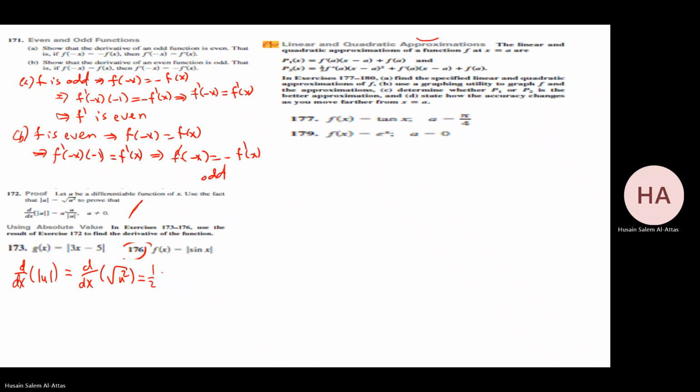Half u squared to the power minus half times the derivative of this, which is 2u prime. The 2 cancels. So it will be u prime over square root of u squared, which is u prime over absolute value of u, where u not equal to 0.